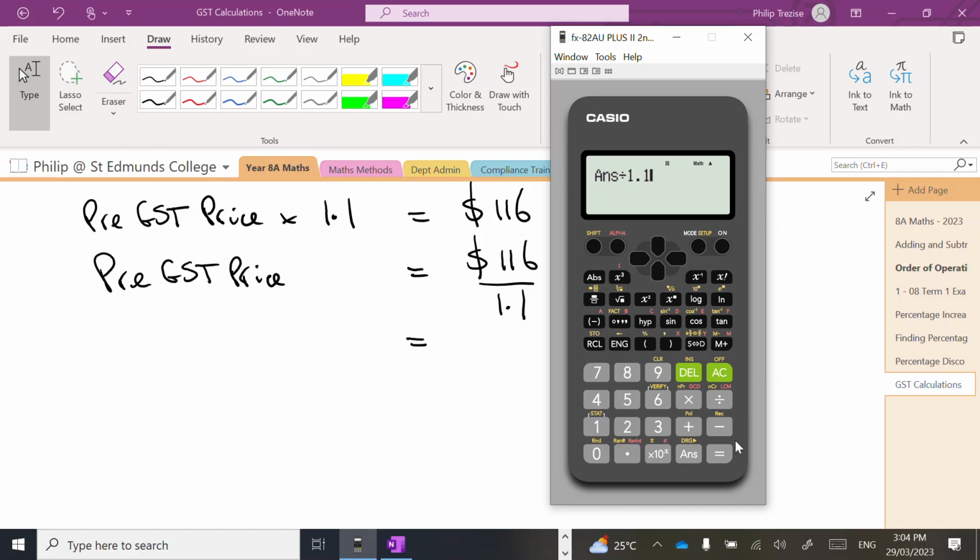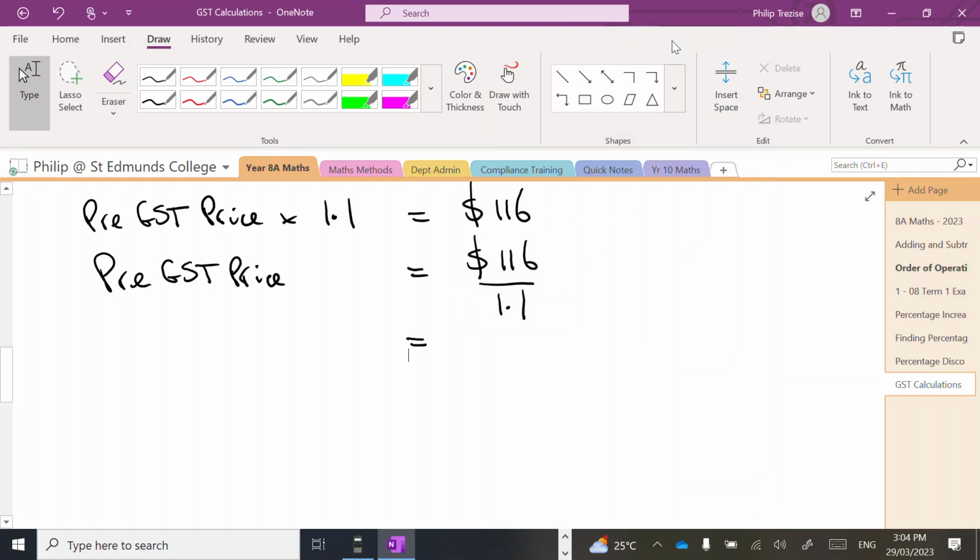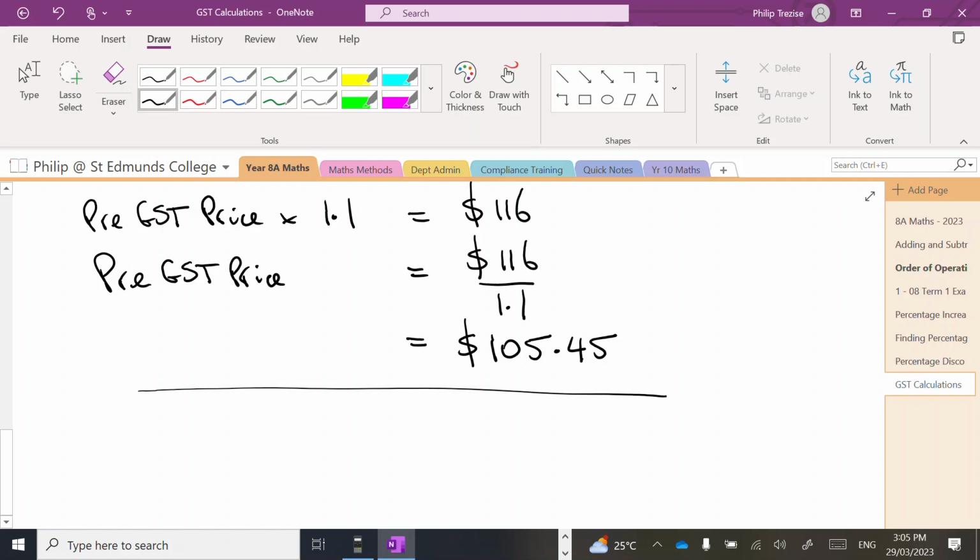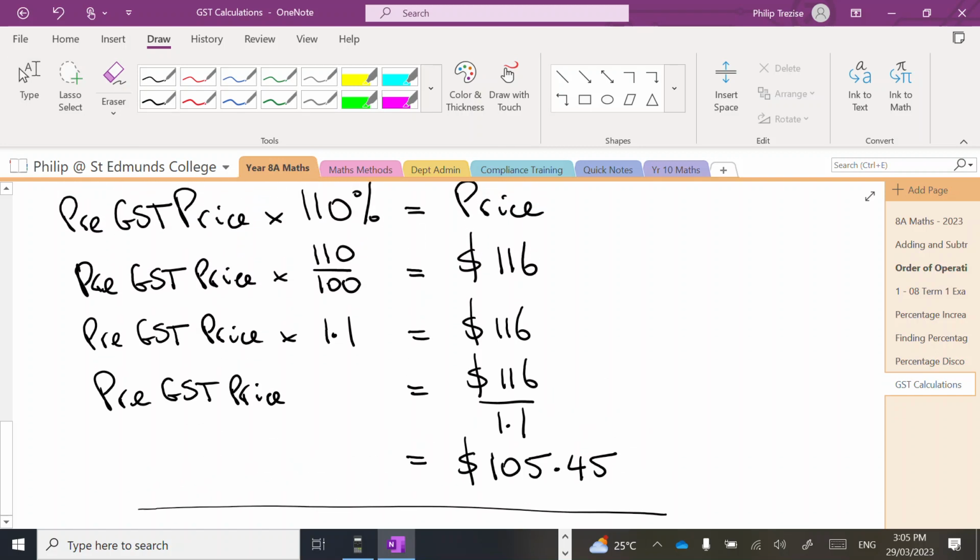We divide by 1.1. We get $105.45. That is how much the plumber charges per hour before GST.